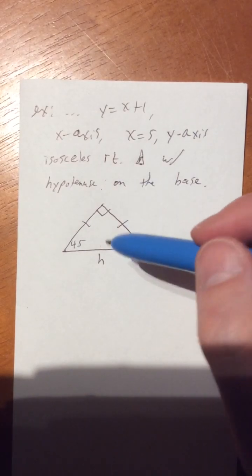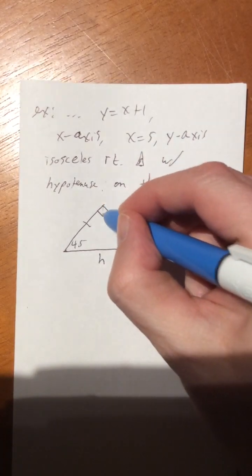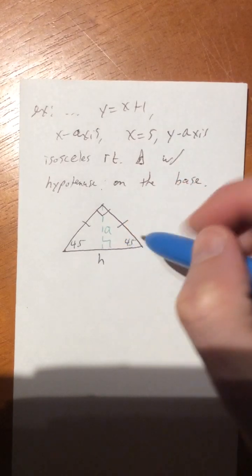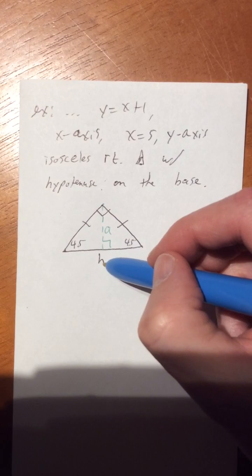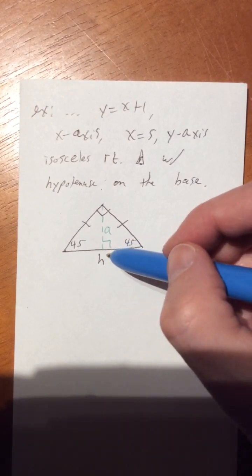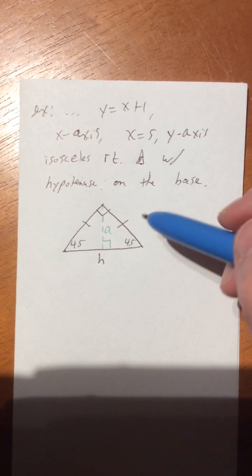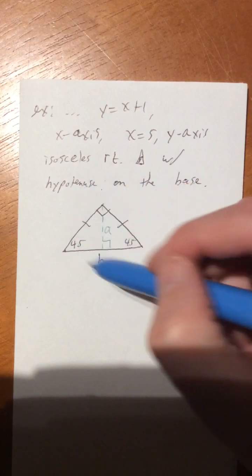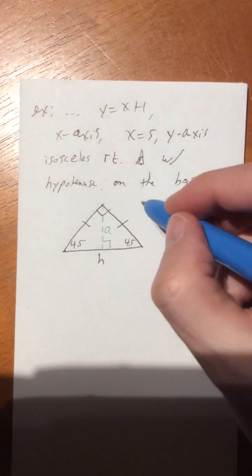Well, the area of this triangle here is still going to be the same as it was just a minute ago. The area of a triangle is still 1/2 base times height. Well, but my base is called h for hypotenuse, and then we have a for the altitude. So we can still sort out the various parts of this so that we can figure out the area of this thing right here.